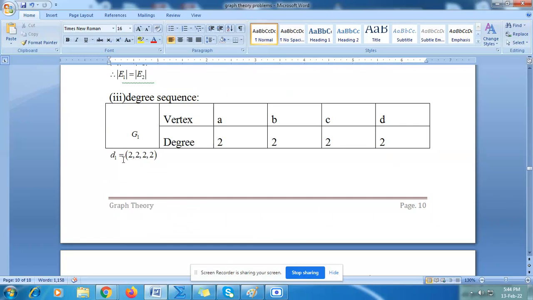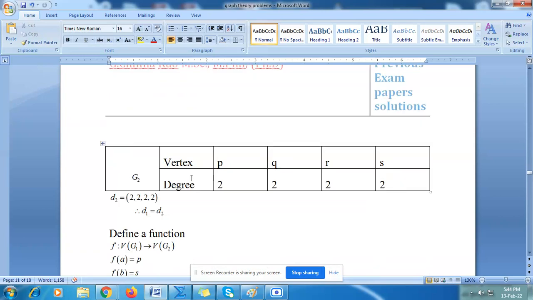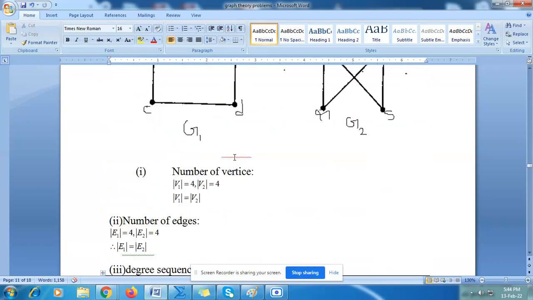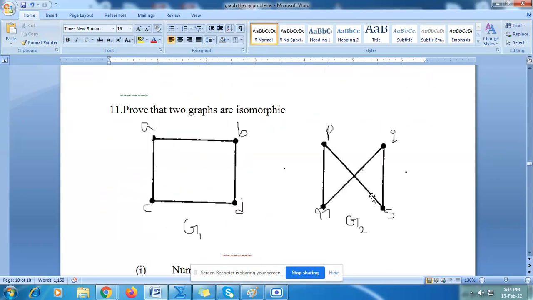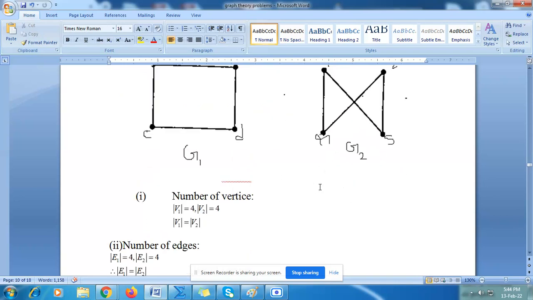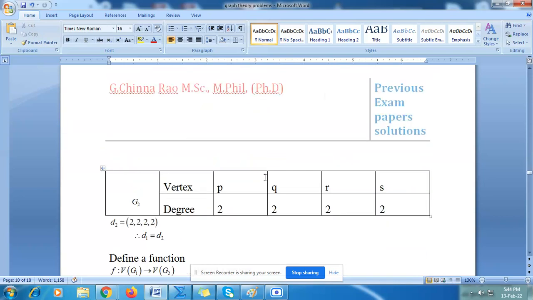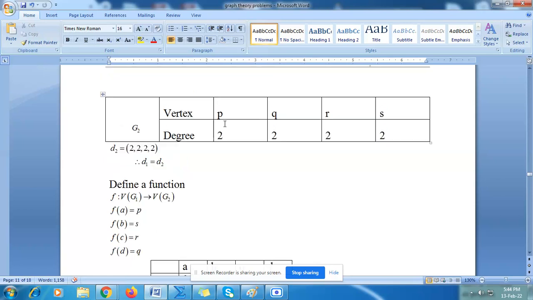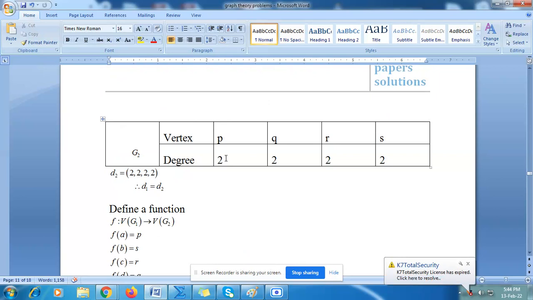So the degree sequence in increasing order is 2, 2, 2, 2. Also, in graph 2, each and every vertex P, Q, R, S has degree 2.